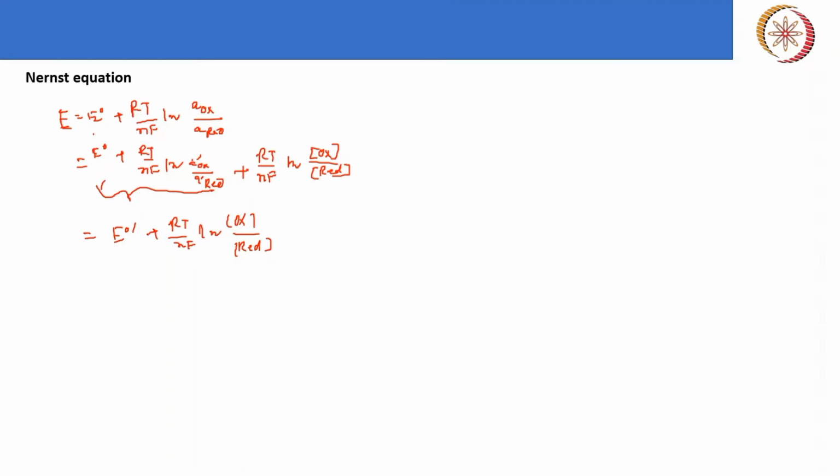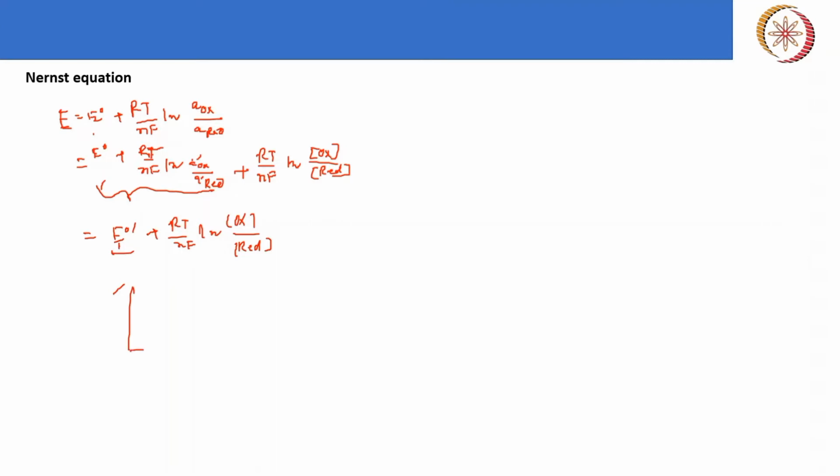In that case it is called the standard potential. When we are measuring in our laboratory, it is not in the standard condition, so people usually prefer this formal potential. This formal potential also includes the temperature component, so it is more practical.